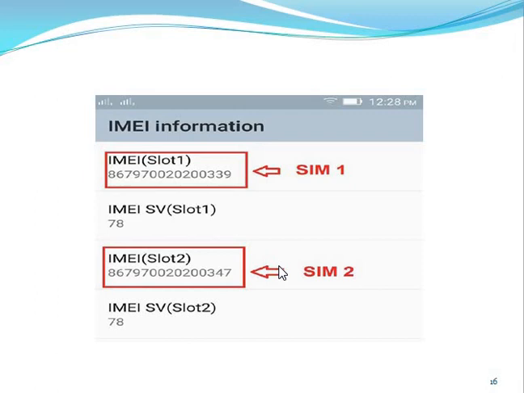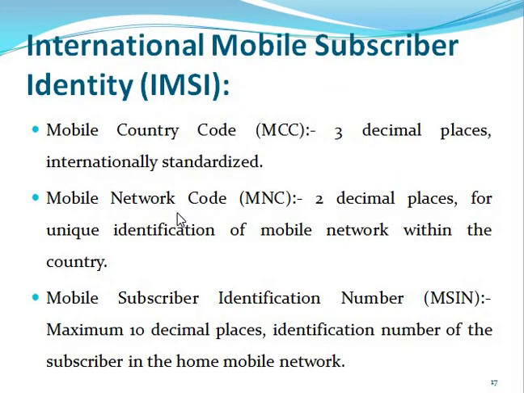Your location, the area and place where you use your mobile device, all this information is stored in the mobile switching services, and you can track all records based on the IMEI information.